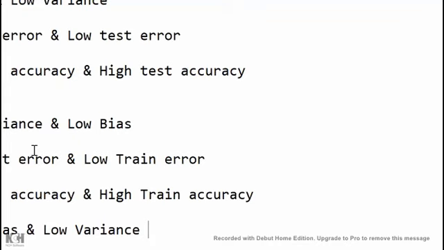Both are opposite. Accuracy is there, error is there. Opposite. Just a combination of three words, but we are working in opposite directions. Only three words I'm discussing: low or high, test or train, accuracy or error. These are the three different words. Is that clear, guys?